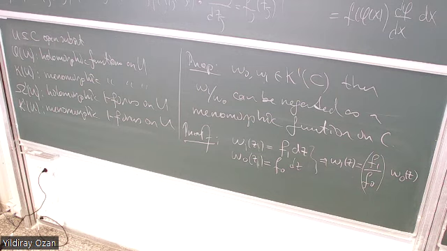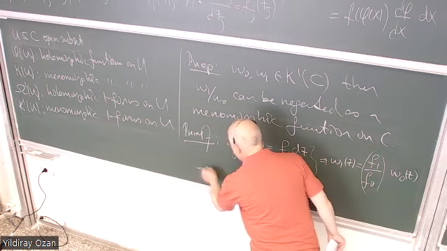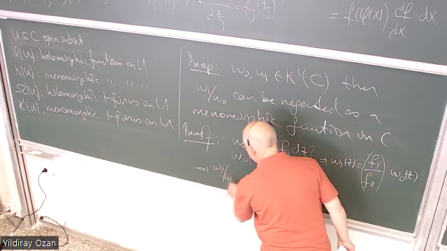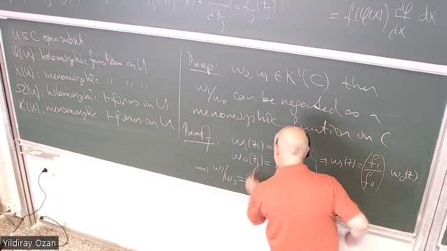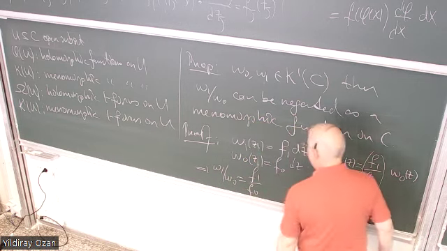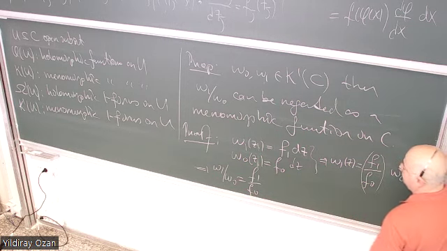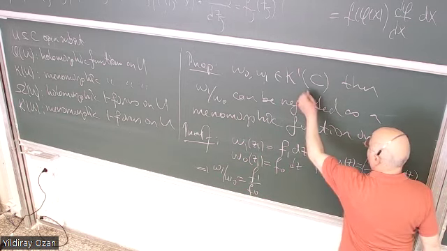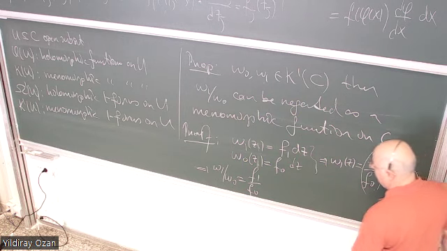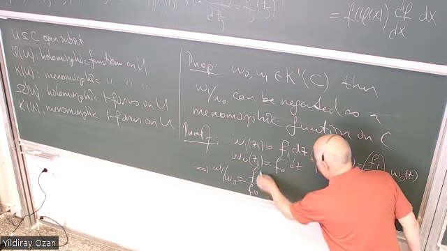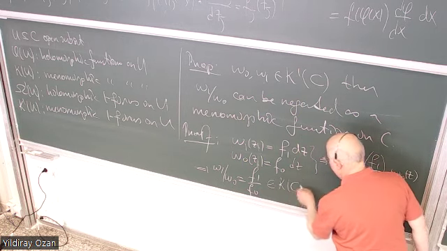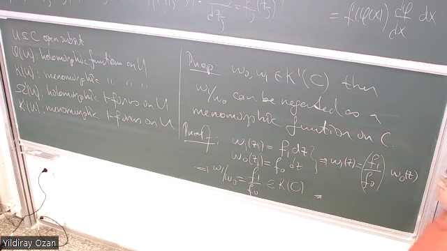So the ratio W1 over W0 can be regarded as F1 over F0. F1 and F0 are both meromorphic functions on the Riemann surface. Therefore, their ratio is also a meromorphic function. Okay.